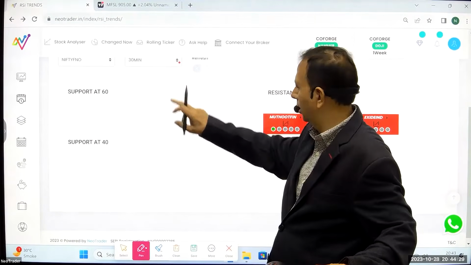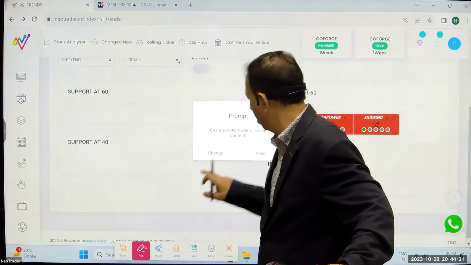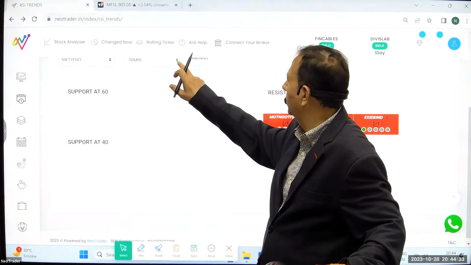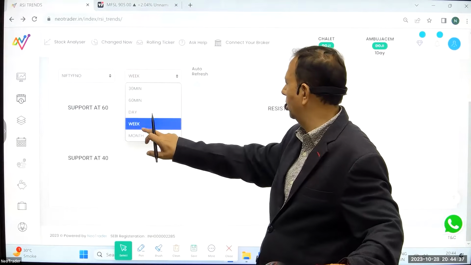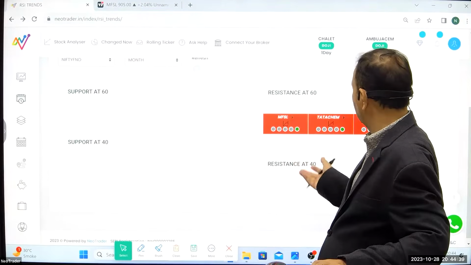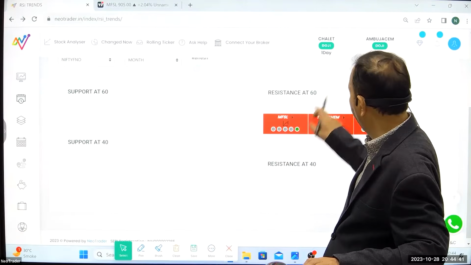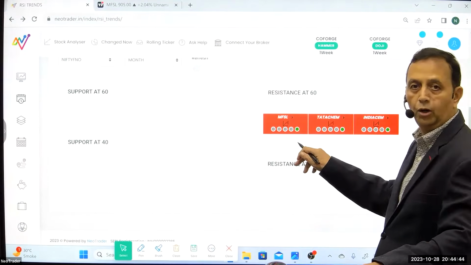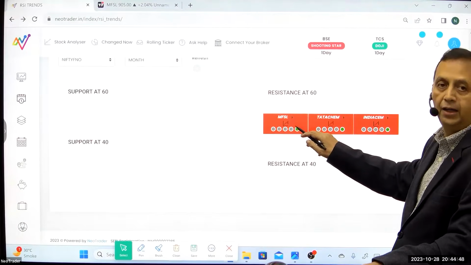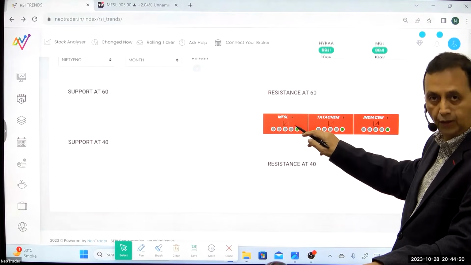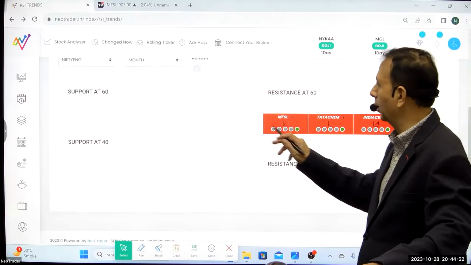There may be something which could be, let's see if there is anything which is resistance at 40, not there, not here. Now MFSL, look at this. We were talking about MFSL at 60. If it goes up to 60 and does not cross it, then you have problems here.